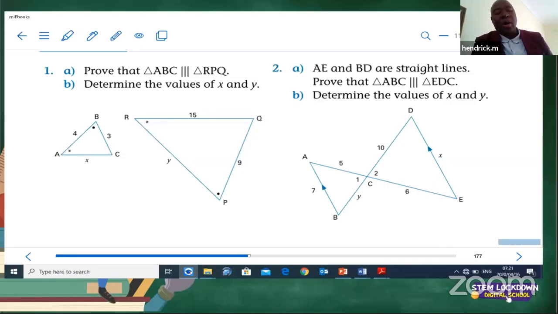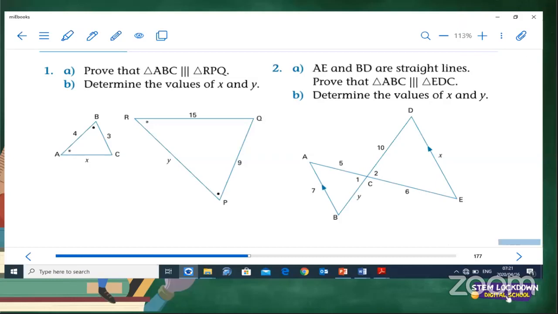Okay, but how do you know we have to multiply the bigger triangle's length by 3? So because if you multiply 3 by 3, it's going to give you 9. And if you multiply 5 by 3, it's going to give you 15. So y is going to be 12.